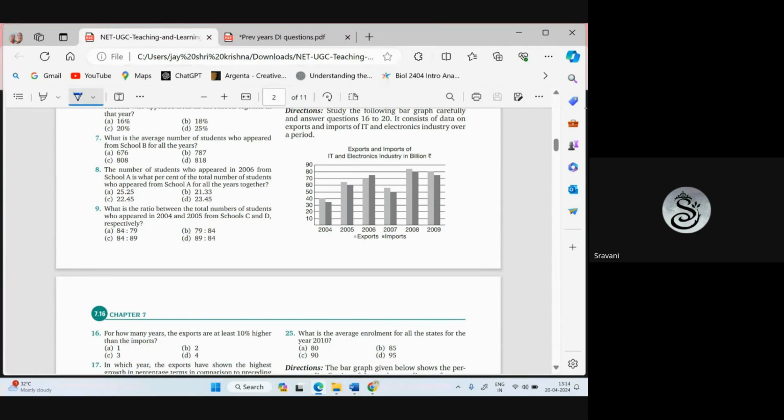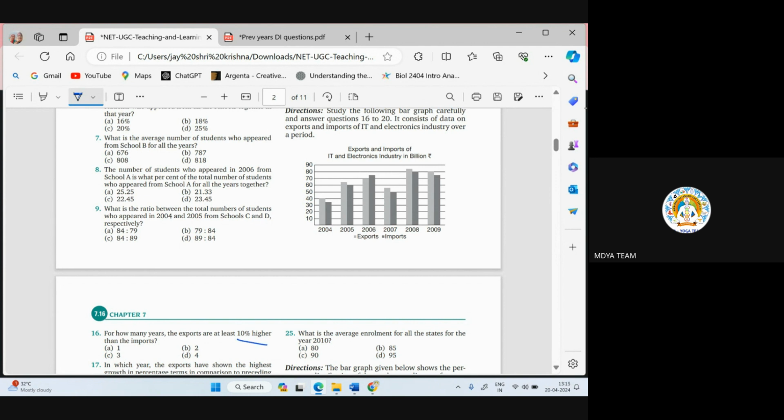Can we consider 10% as higher, or is it equal? It is asking where the exports are greater than imports by at least 10%. So they are asking 10% higher, sir.